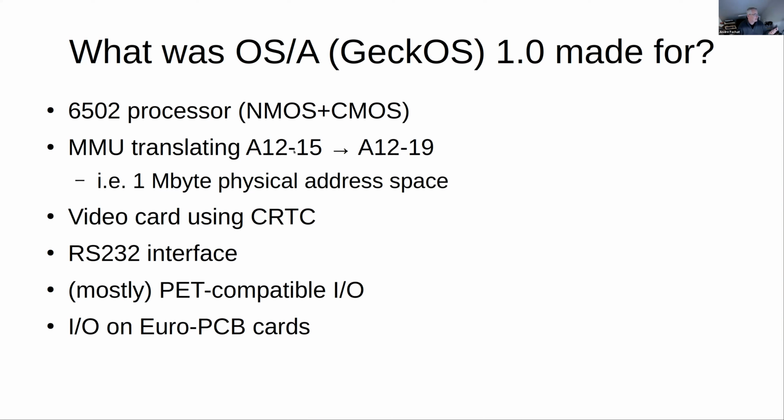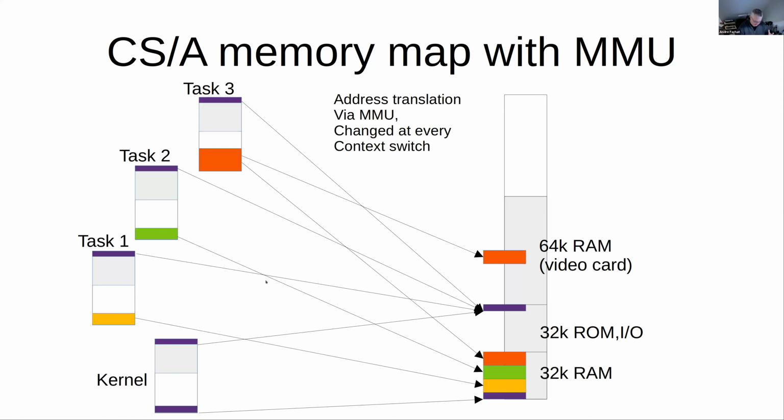The MMU was translating the upper addresses, the video card with the CRTC like the PETs, mostly PET-compatible I/O and other I/O on PCB cards. When you talk about multitasking, I shortened this a bit because we had this talk before. We need to look at where each task resides in memory.